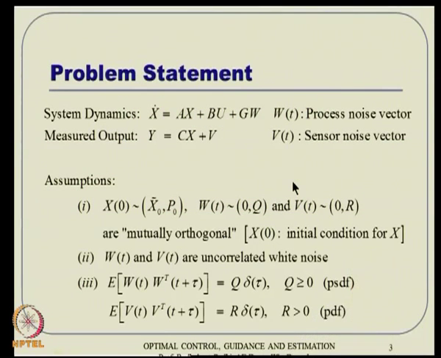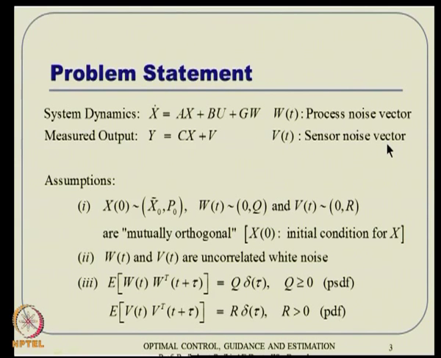So, going back to the problem statement, it turns out to be something very precisely like this. You have got a system dynamics which is x dot is Ax plus Bu plus Gw, whereas the measured output is something like Cx plus v, where w and v are noise things: w is a process noise vector and v is a sensor noise vector.